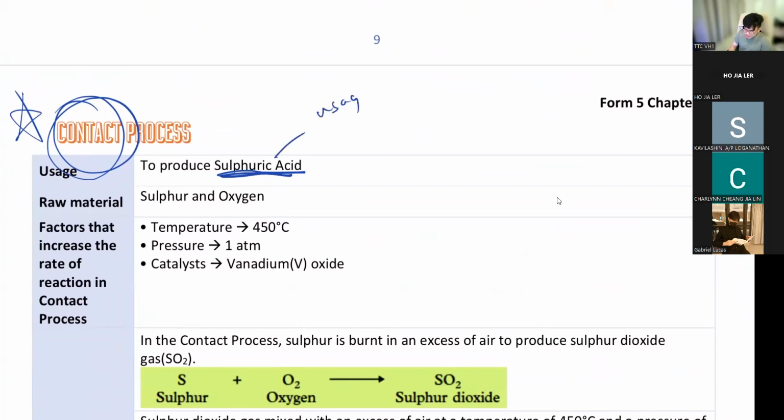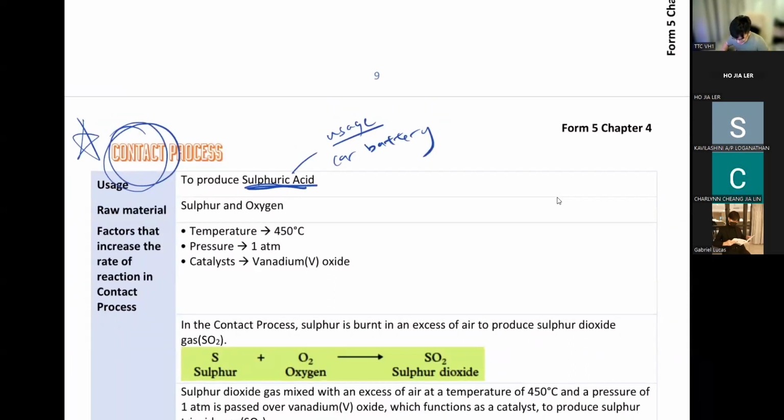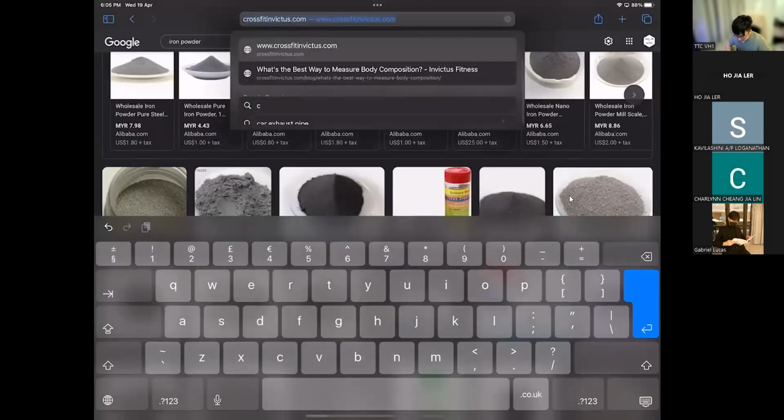What is the usage? You know your car battery? I'm sure your dad changes his battery like once every 2 years. If you don't do it, your car cannot start. Hey, you guys can drive this year already.